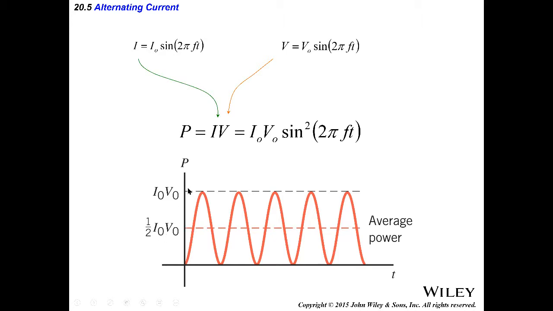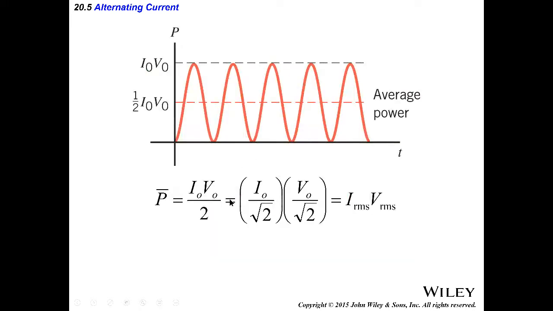Well, if you now take this sine squared, the average is half, because sine squared reaches 1 and 0 and 1 and 0 and 1 and 0. The average, of course, is a half. Therefore, if you express this way, you will then write the average power is I0 V0 over 2.